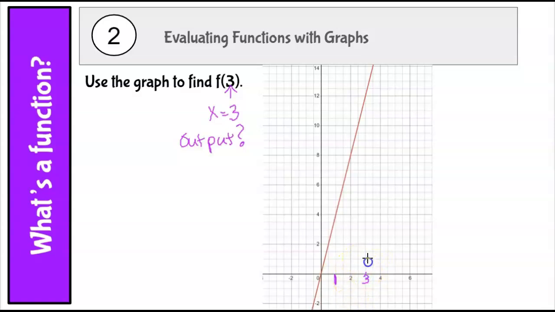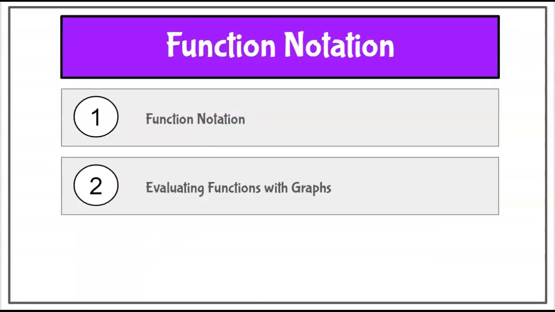And then we're going to go all the way up to the graph to figure out what the output would be there. And the output is 12. So f of 3, according to this graph, is 12. So there's some unknown equation that we don't have that we can put 3 in that will give us 12 out, because that's where it is on the graph.